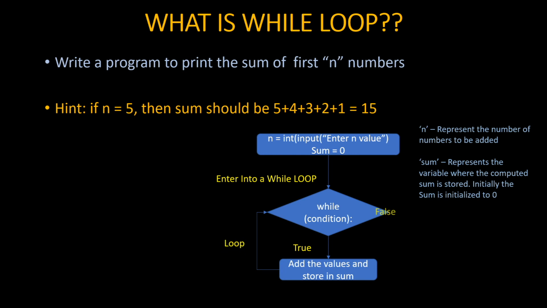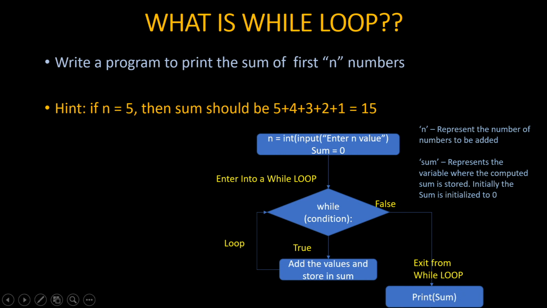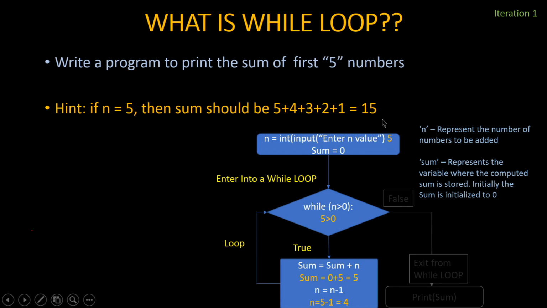The moment the while condition is false, it will exit from the while loop and print sum. So in iteration 1, what is the value of n? It's 5, right? Let's take a look at our while condition, which says while n is greater than 0. That means it will perform the while loop until n is greater than 0. The moment n is less than or equal to 0, the condition becomes false.